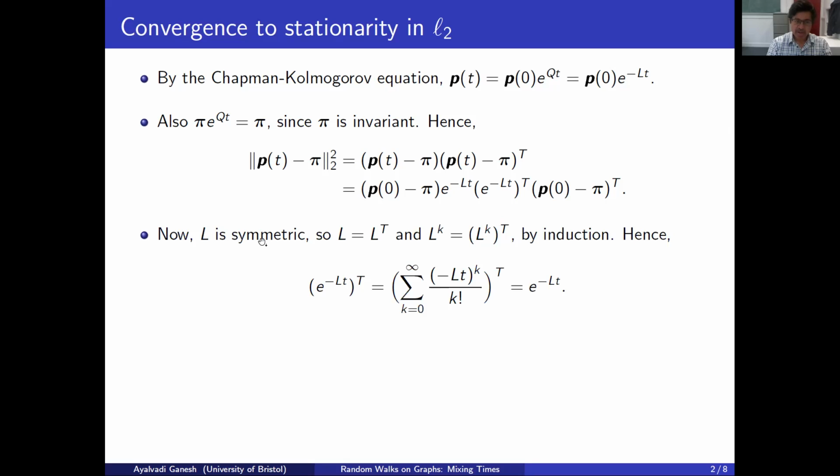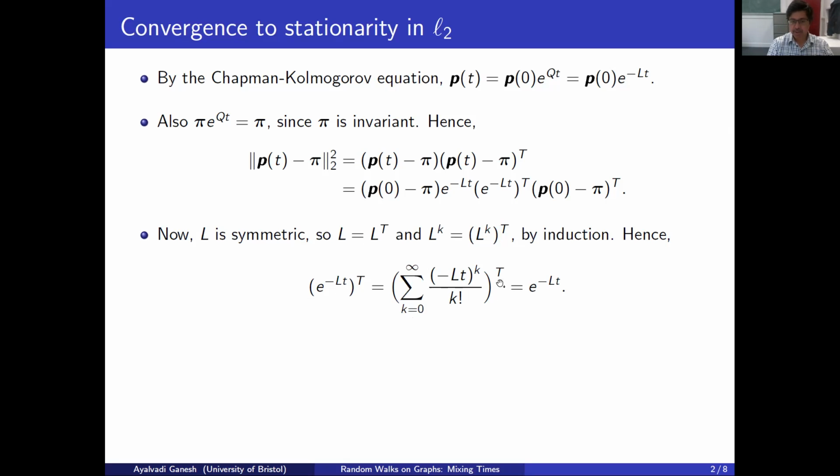Now L is a symmetric matrix. We already saw that the Laplacian of an undirected graph is symmetric. And you can easily check by induction that therefore powers of L are also symmetric. So L to the k is the same as its transpose. Now e to the minus Lt is given by its Taylor series expansion. It's the sum of various powers of (-Lt) to the k over k factorial.